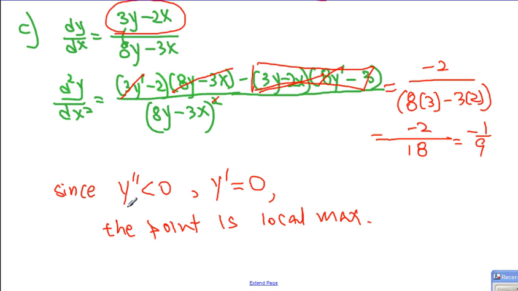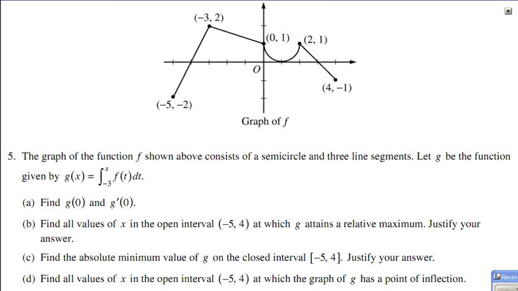And this would be the reasoning right over here.